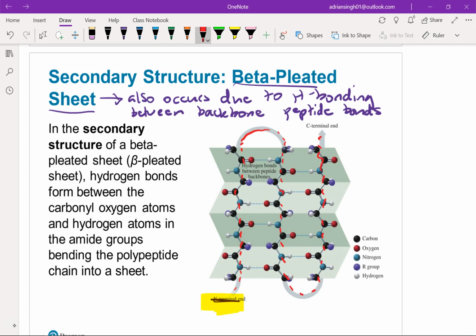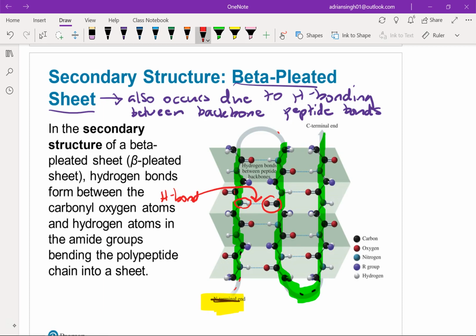So what would then keep this structure intact? Well, that's due to the hydrogen bonding that can occur between, again, the peptide backbone, which let's highlight in green. There's your peptide backbone, snaking all the way around and coming back around this way, and then snaking all the way around again. Here you can see that we have a C double bond O, there's your carbonyl, and there's a hydrogen attached to a nitrogen, and then this here would be a hydrogen bond.